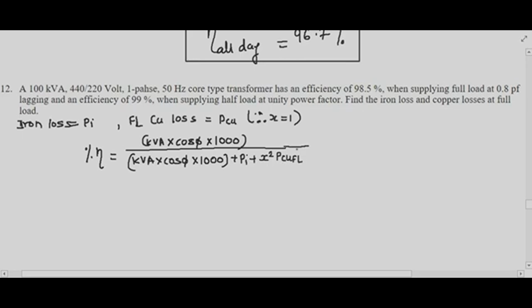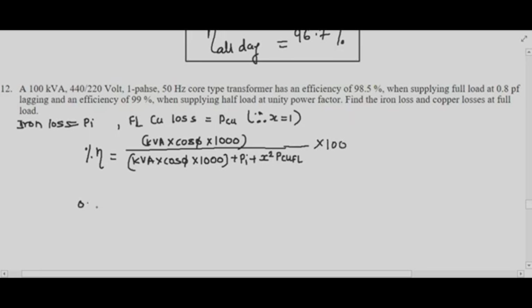So what is given in the problem? This transformer has an efficiency of 98.5% when supplying full load at 0.8 power factor lagging, means full load efficiency is given.